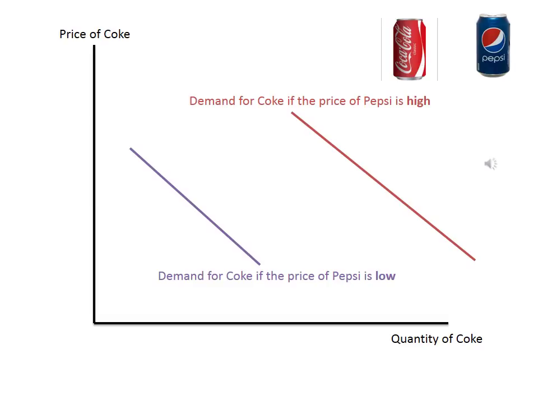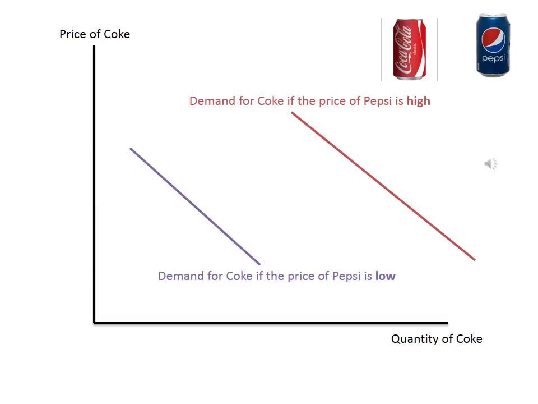And this should be intuitively clear to you: if you like cola flavor, you're more likely to buy Coke if Pepsi is more expensive. So you can imagine there's lots of different demand curves for Coke. Each demand curve for Coke corresponds to a different price of Pepsi.